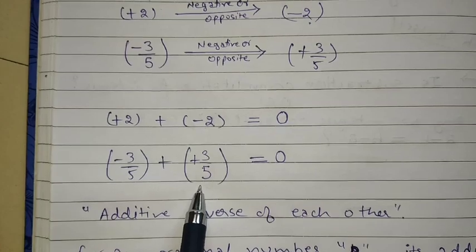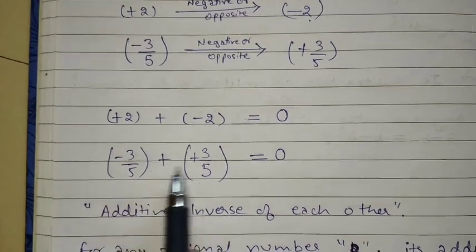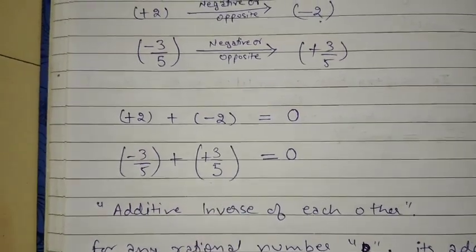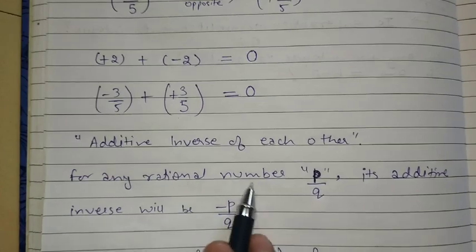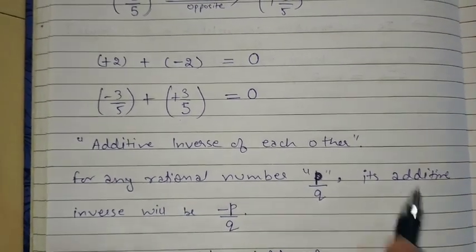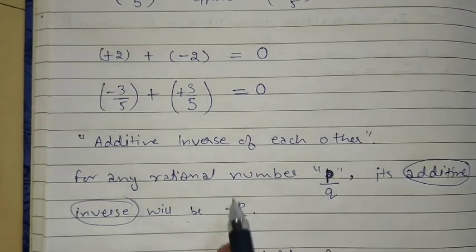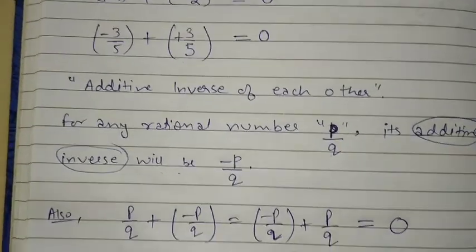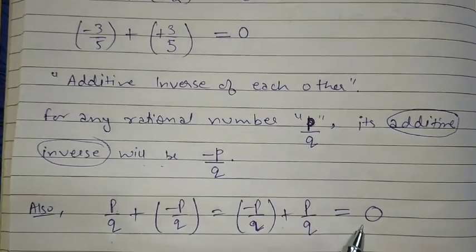Similarly, plus 3 by 5 is additive inverse of minus 3 by 5, and minus 3 by 5 is additive inverse of plus 3 by 5. So we can say for any rational number p by q, its additive inverse will be minus p by q, and its sum with its additive inverse will be 0.